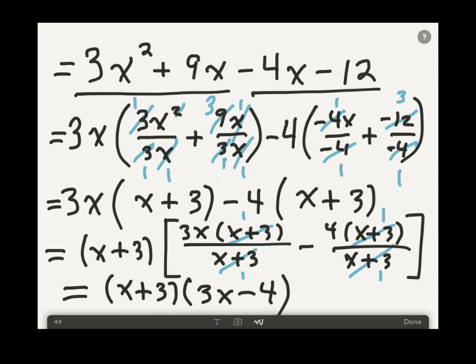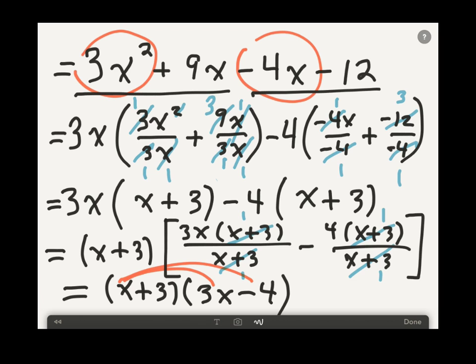So it should be that if you go through and FOIL all these, that you come up with the original problem. So if I take the first, x times 3x, that gives me 3x squared, and so that's first, and then we do outer, so x times negative 4, there's my negative 4x.